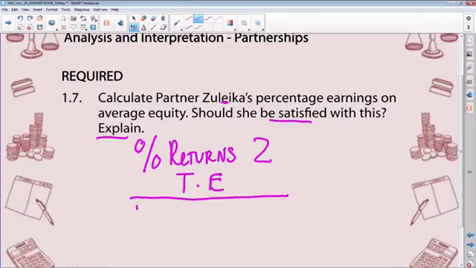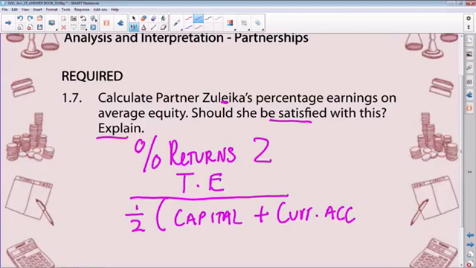In other words, half of her capital for 2 years plus her current account balances, also for 2 years, 2016 plus 2015.